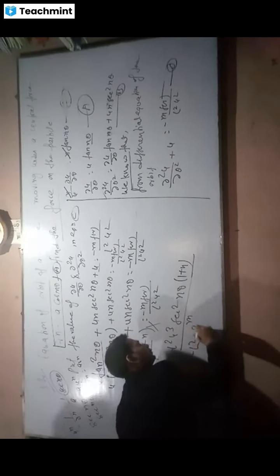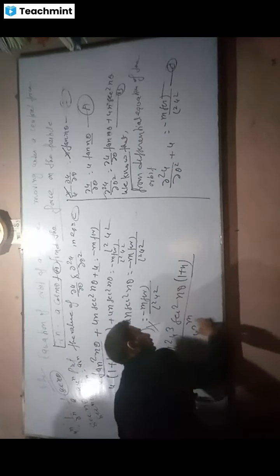We will write here minus L² u³ (1 plus n) sec² nθ, that means sec² nθ equal to 1 by a² u^n, that means a² u to the power 2n upon m.